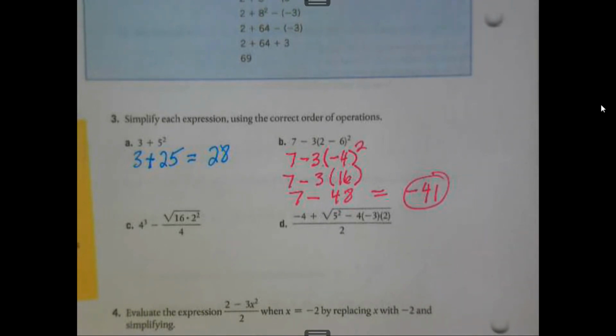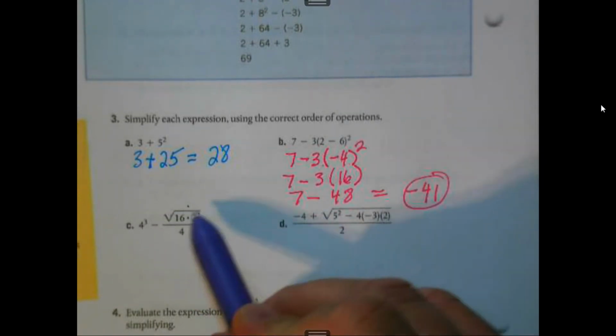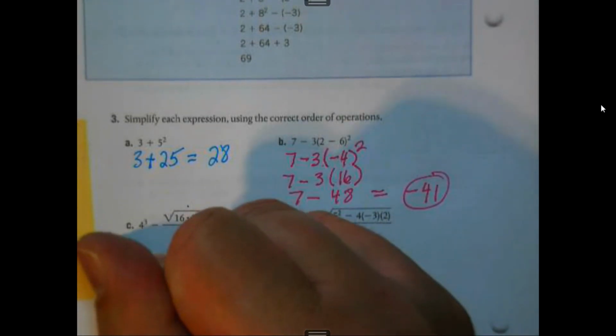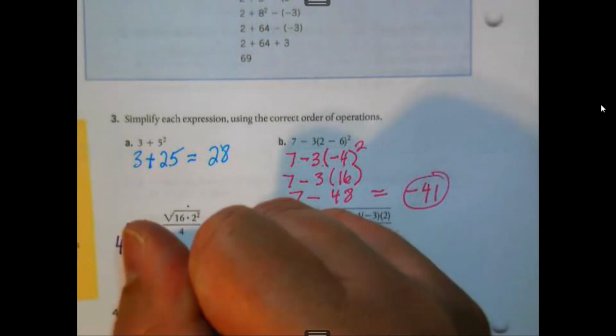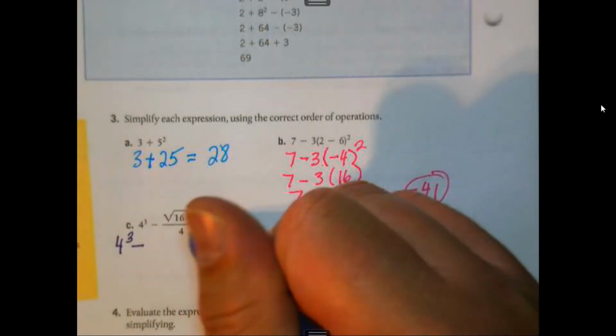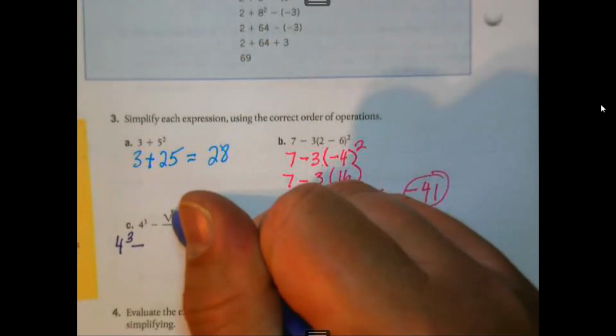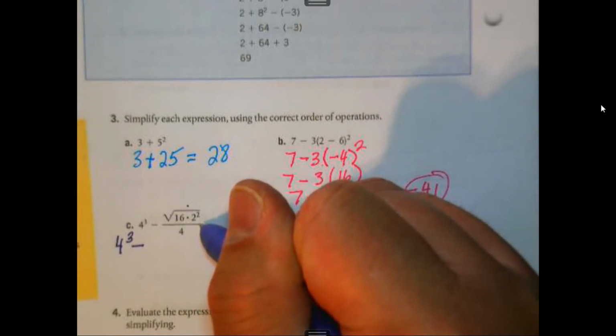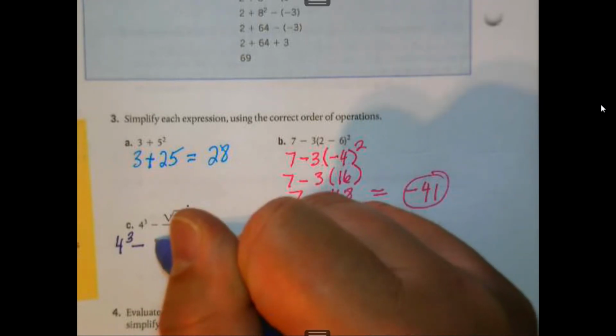Okay, see, I have a square root, so I have to do that math symbol first. So I have 4 cubed minus the square root. I need to look at what's in that square root and follow PEMDAS in that square root.